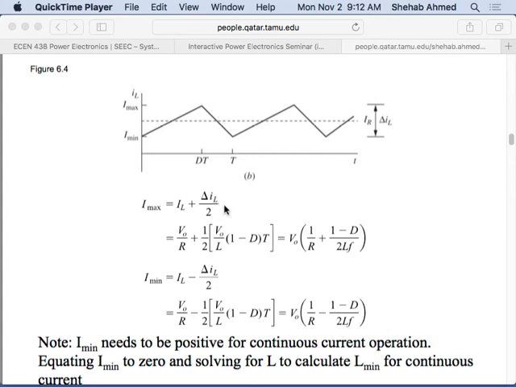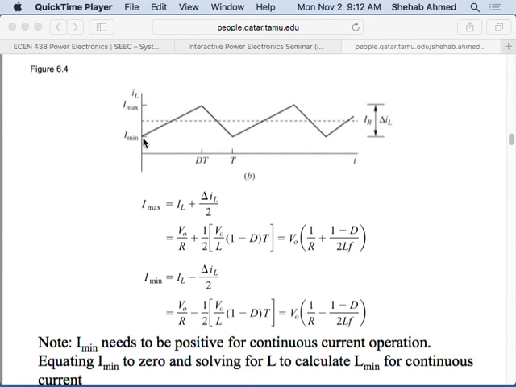I can use delta I when the switch is closed or delta I when the switch is open, whichever is convenient for me, whichever helps me to solve some problems, right? Because they're the same, they're equal in value. Delta I is exactly the same. But what's interesting for me, if I want to operate in continuous conduction mode, I want to know where is the critical value of inductance. So what would I do after I find the equation for I minimum?